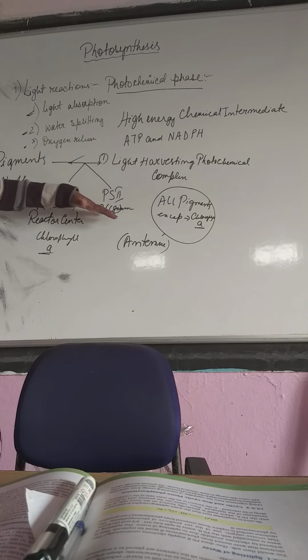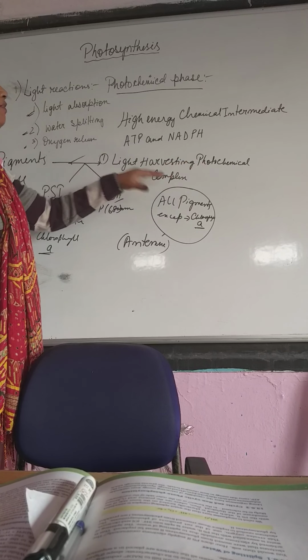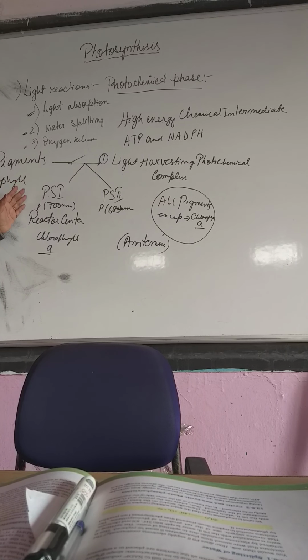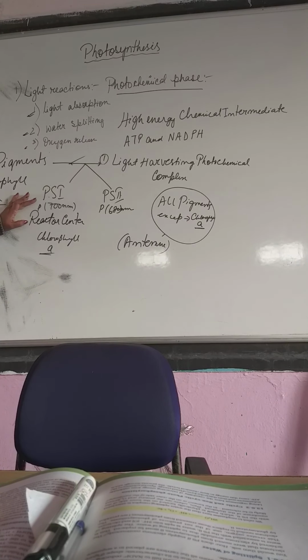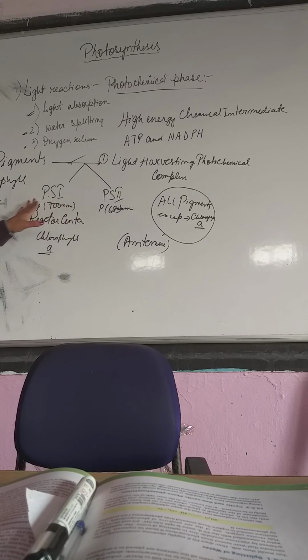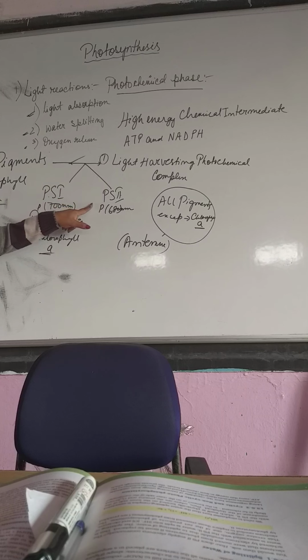These two different sites are known as light harvesting photochemical complexes, in which PS1 and PS2 are there. They are known as photocenters. What is photocenter 1 and photocenter 2?